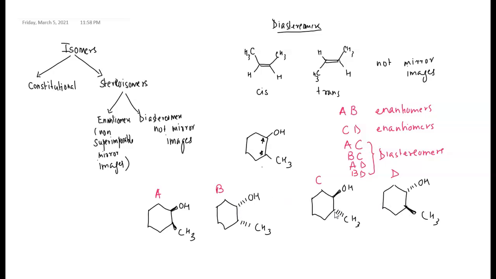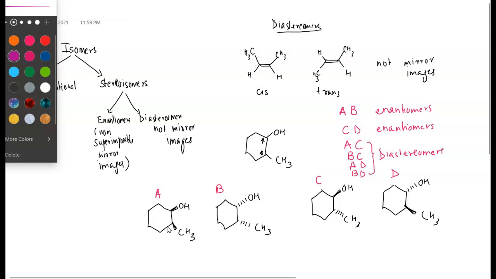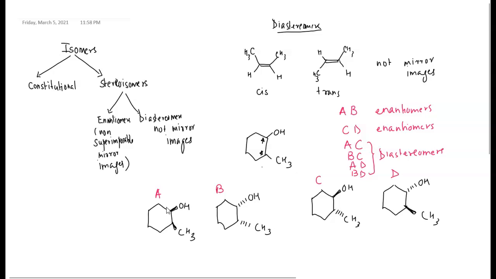So if you try to assign the absolute configuration, we can write that down. I'm not going to go through this whole process, but just write it down here. If you look at this, it is 1, 2, 3, so this has to be R. And here again we have methyl, so we have the priority groups 1, 2 and 3, so this is an S. So we have R and S here.